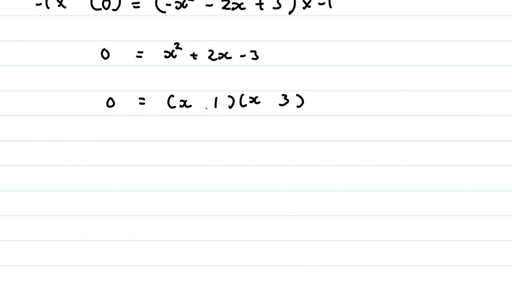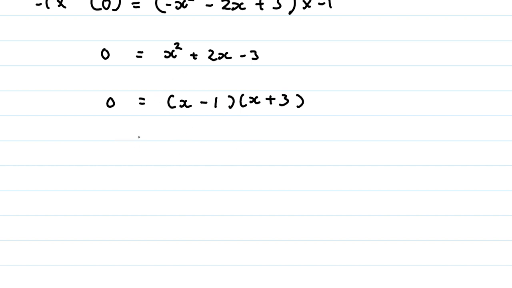So when I multiply negative 1 by positive 3, I get negative 3. Now when I add negative 1 plus 3, I basically have 3 minus 1, which gives me 2. So that 1 becomes a negative, and that 3 becomes a positive.